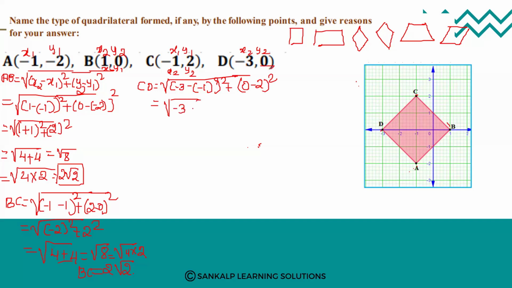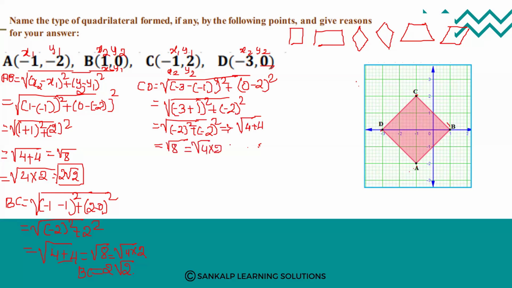Minus 3, minus into minus is plus 1 whole square plus minus 2 whole square. Now, minus 3 plus 1 is minus 2 whole square plus minus 2 whole square, which is 4 plus 4. Again you will get the square root of 8. 8 can be written as 4 into 2, so the value will be 2 root 2. CD is also 2 root 2.